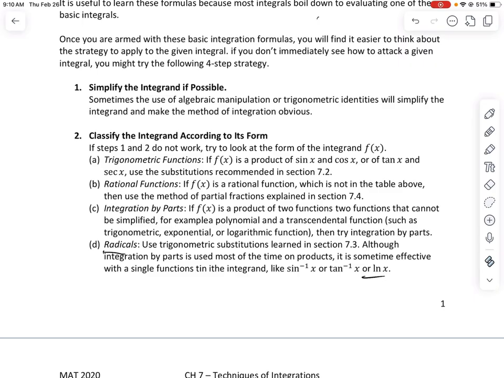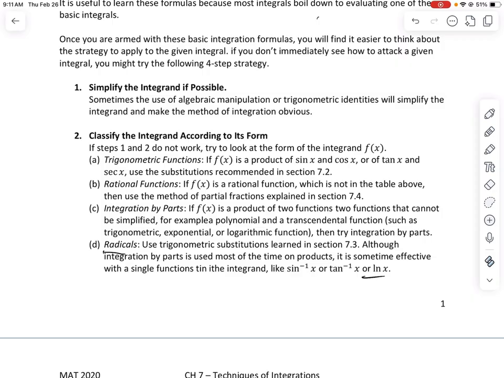For example, if your integrand is a product of two functions which cannot be simplified, you can use integration by parts. If you have trig functions, you can maybe use some trig identity to simplify it, or multiply top and bottom by some quantity to simplify things.